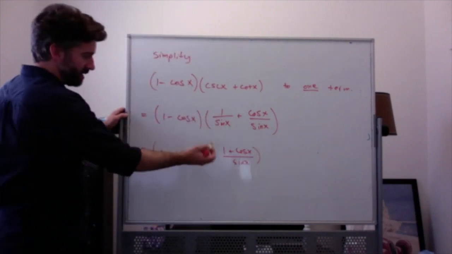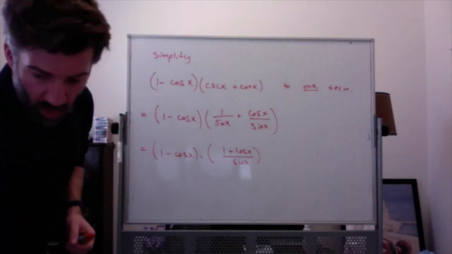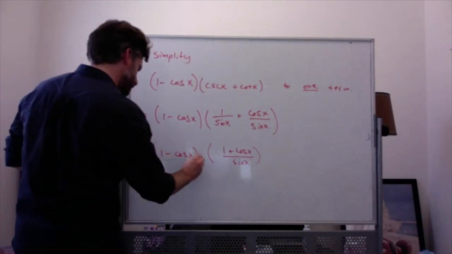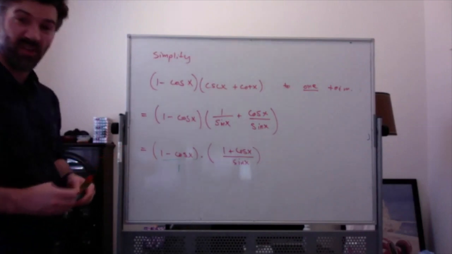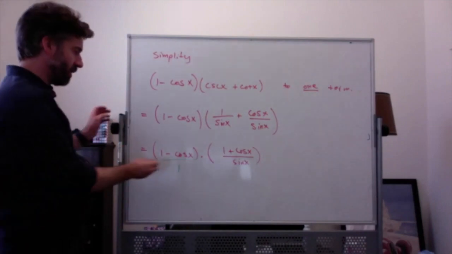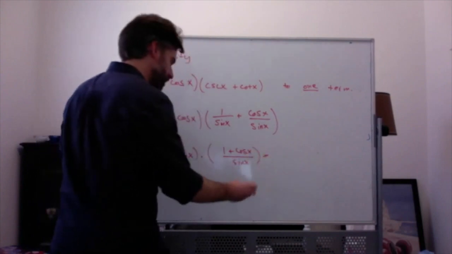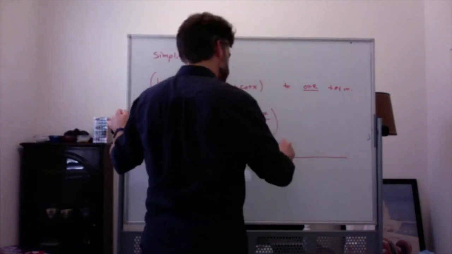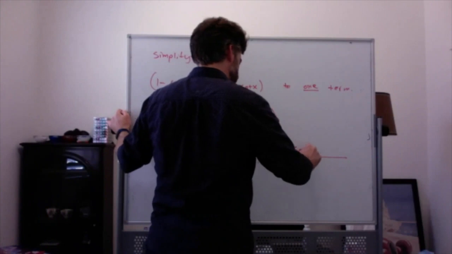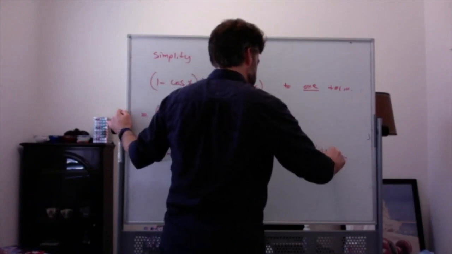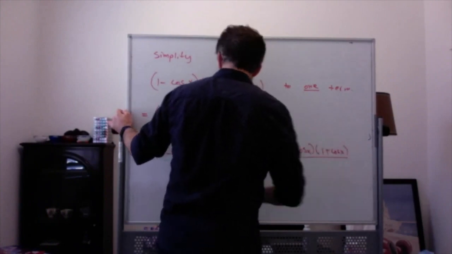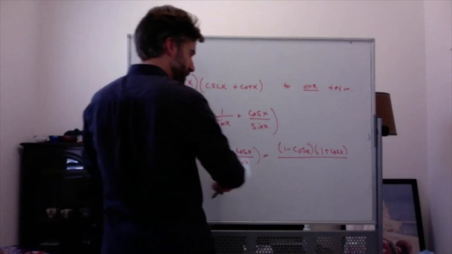I can think of this as 1 minus cosine x over 1, so that I can multiply these fractions together. When you multiply fractions, it's top times top, bottom times bottom. So top times top is 1 minus cosine x times 1 plus cosine x. Bottom times bottom is 1 times sine x.